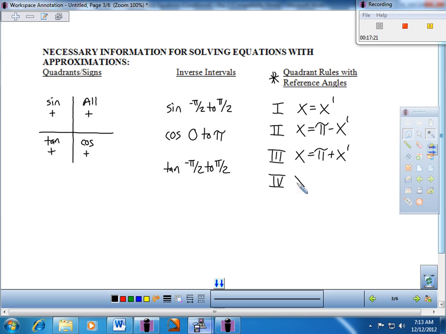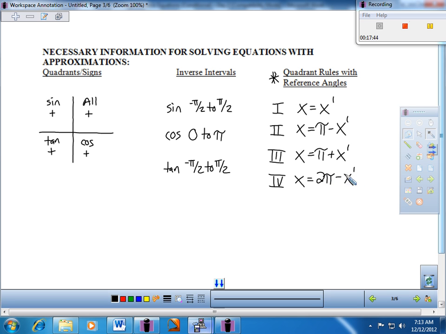And then last but not least, quadrant 4, this is what we did way back when. And as a matter of fact, if you remember just the investigation we did a few minutes ago, that's what I would have done to my answer from the calculator. If I wanted the quadrant 4 angle for cosine of x equals 0.45, if you remember that one just from above, all I would have to do is take 2 pi minus this.